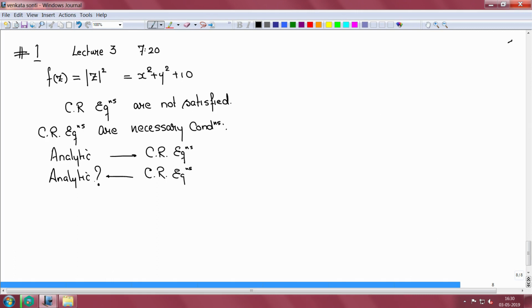Okay. However, if CR equations are not satisfied, then the function is not analytic. Okay. And so here you can see that if you took this function, the CR equations will not be satisfied, and therefore the function is not analytic. Okay. It was just a statement I wanted to add.